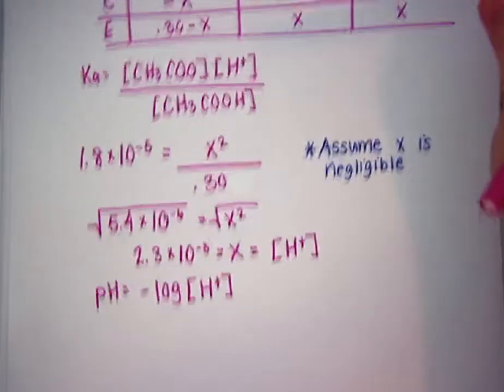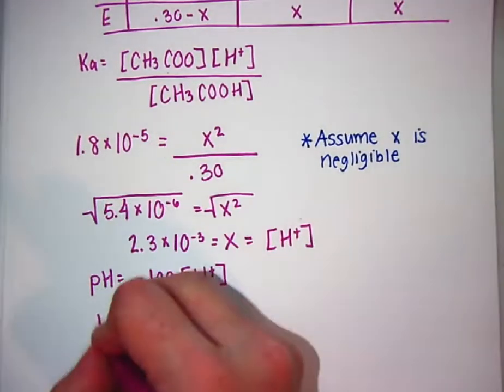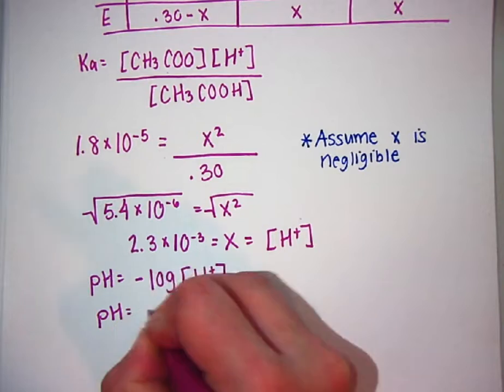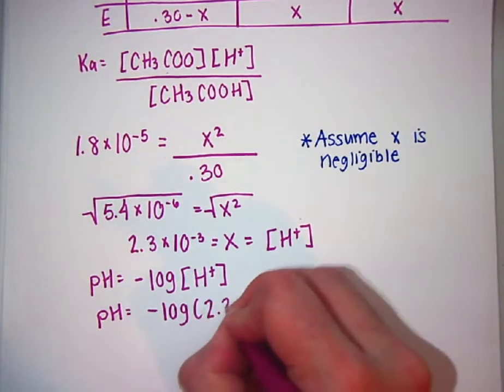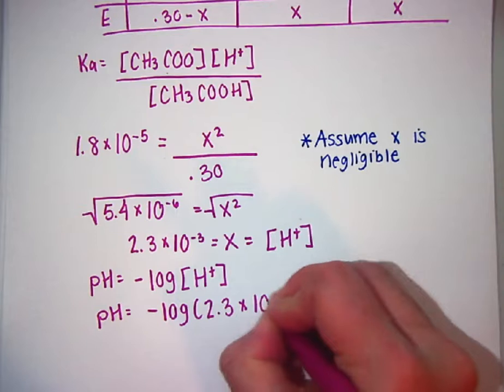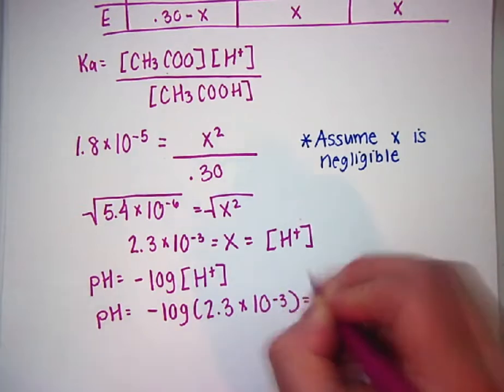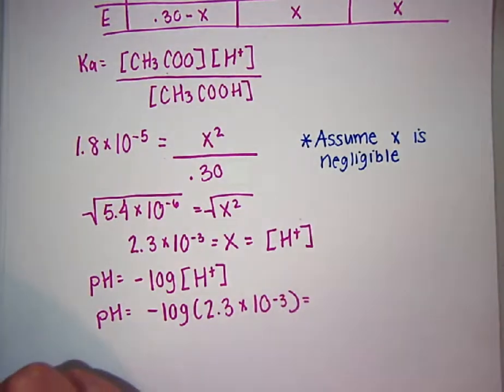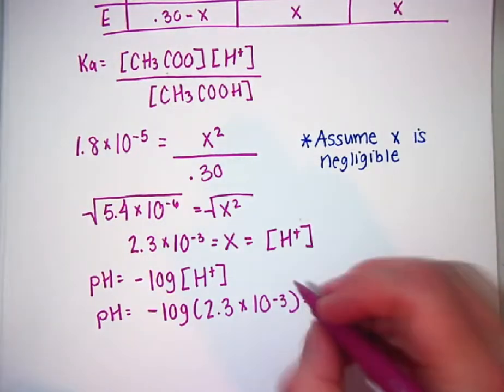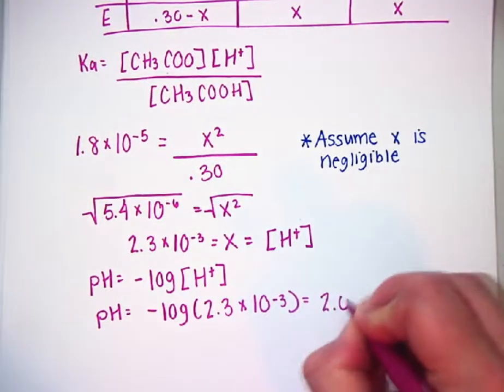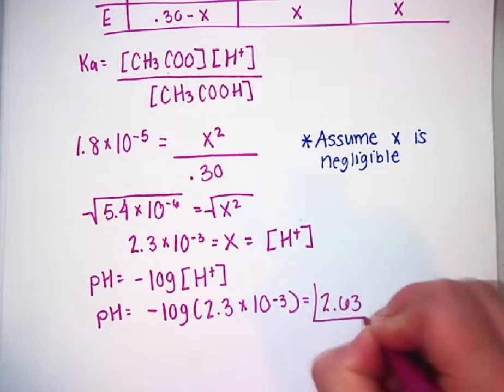So if I want to solve for pH, I'm going to take the negative log of x. And I get my 2.63 as my pH.